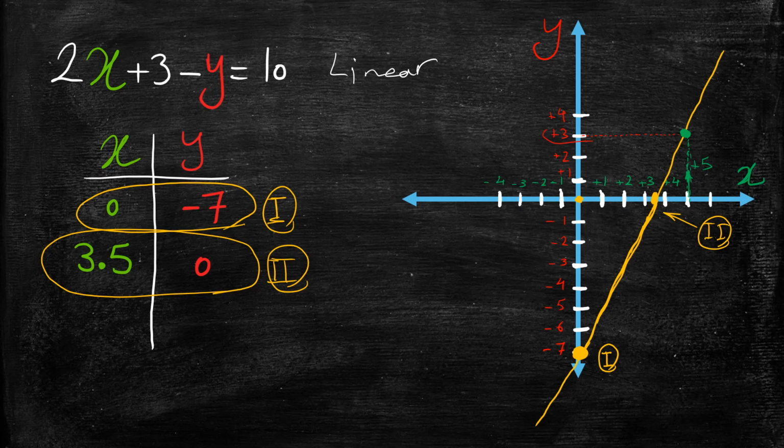Y will be 3. When x is 5, y will be 3. You can go ahead and actually investigate that. Plug in x as 5 and see if you get y as 3, or do the reverse. Plug in y as 3 and see if you get x as 5. You should get that answer.